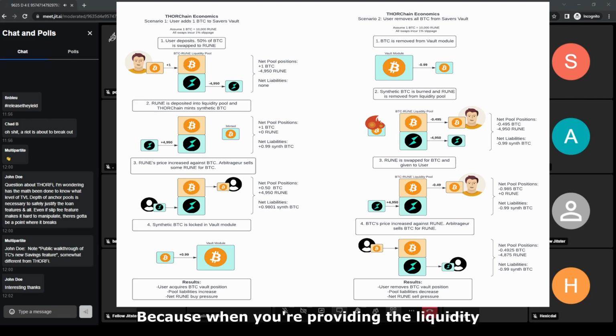Because anytime you're providing liquidity into a liquidity pool, you're exposing yourself to generally two assets, and you're exposed to the price movements of both, which causes some complexities around how do you calculate your yield.